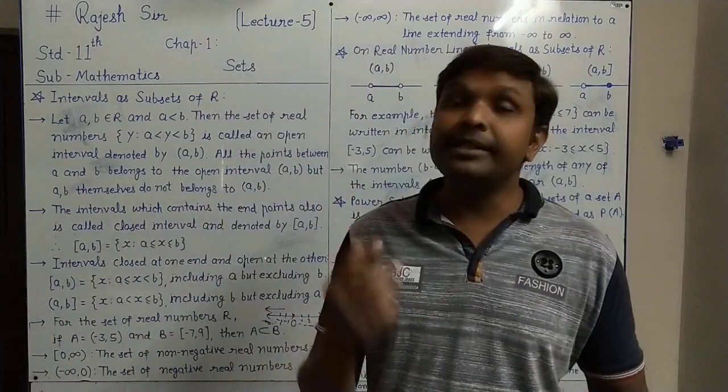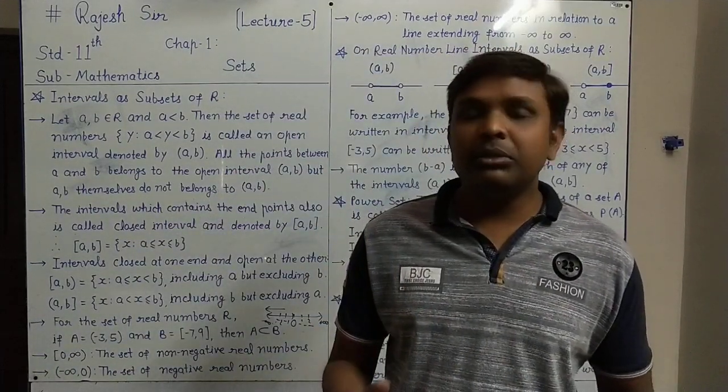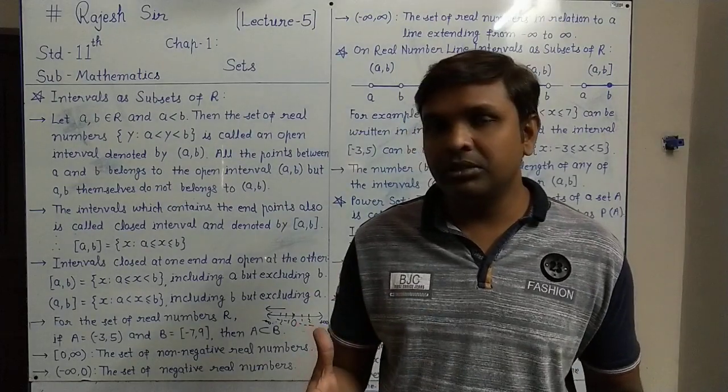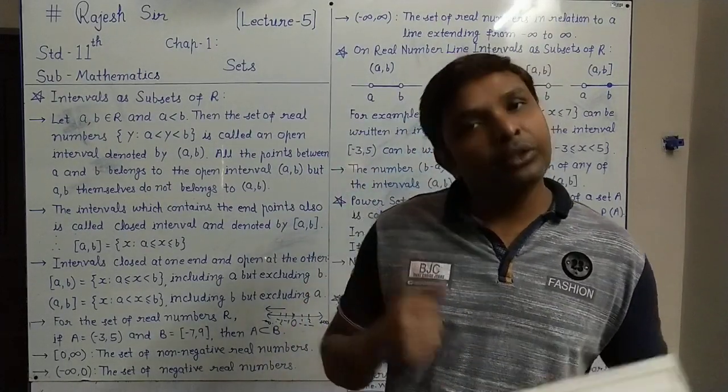One more example: if you want to talk about the integers, or the natural numbers, all these natural numbers and integers come in the real numbers. So the real numbers become the universal set.